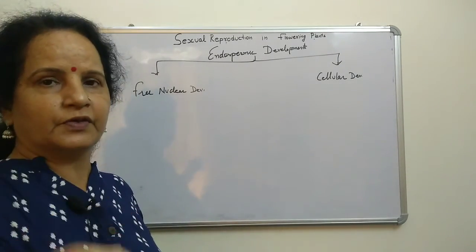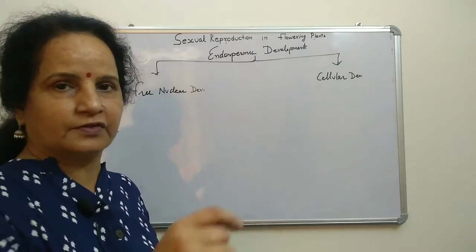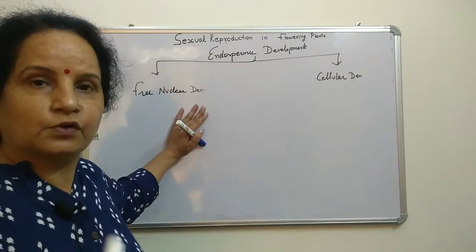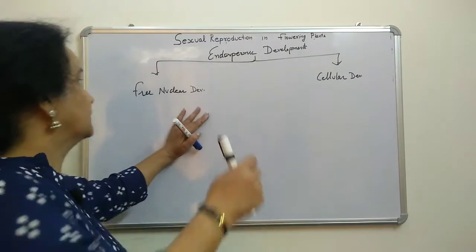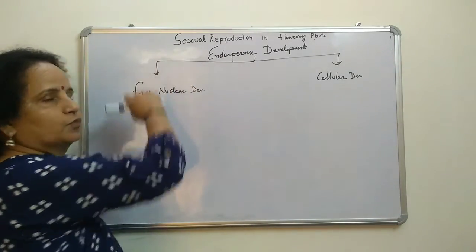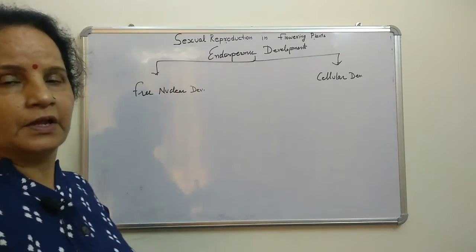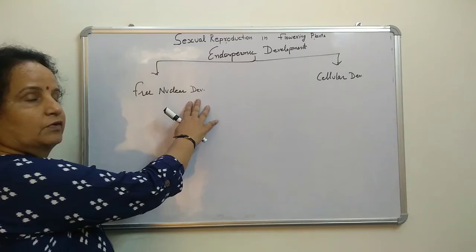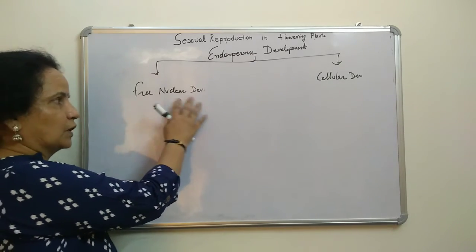The best example of this is coconut, as given in NCERT also. Coconut water, which you are drinking, is the free nuclear development of endosperm. It is the initial stage of endosperm, where only nuclear division takes place without cytokinesis, followed by cytokinesis.